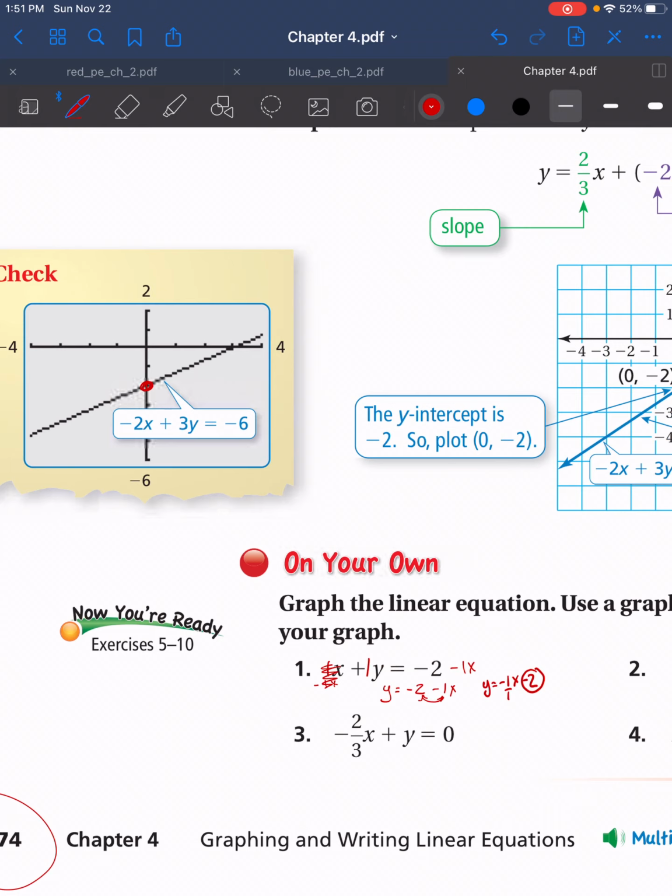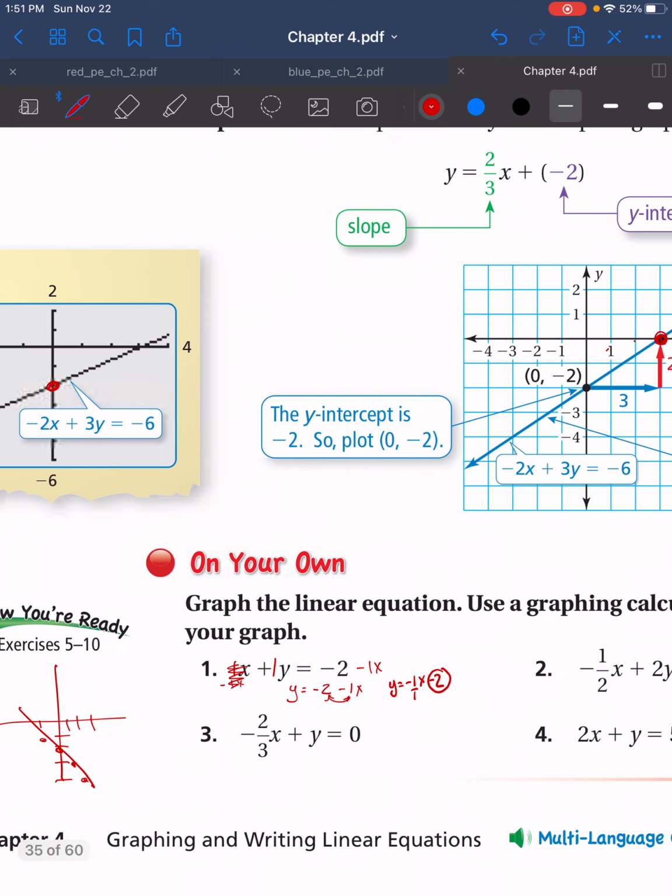I'm going to just kind of sketch it for you, but I do want you to graph it in your notes for me. Start at negative 2, and we're going to go down 1 over 1, down 1 over 1, or I could go up 1, back 1. Kind of a terrible looking little line there, I know. But that's how you could do that one, okay?